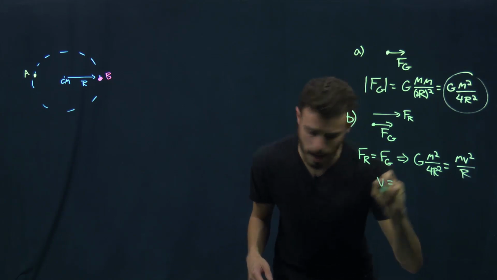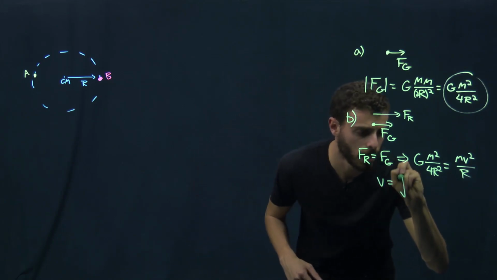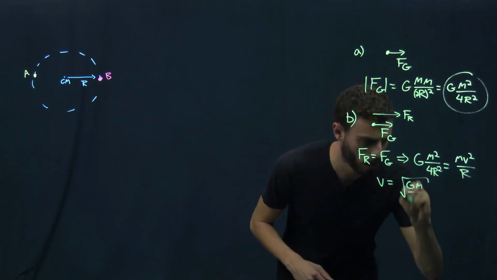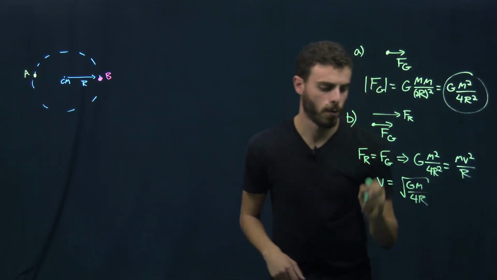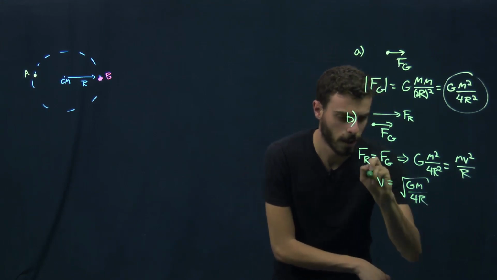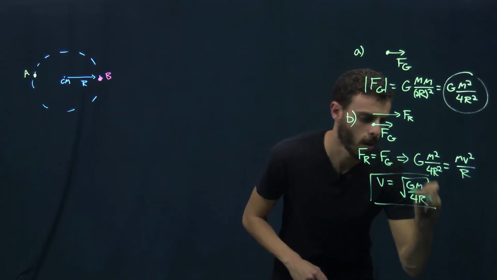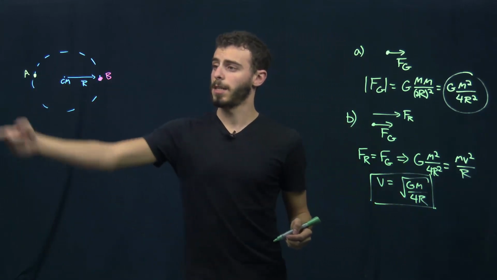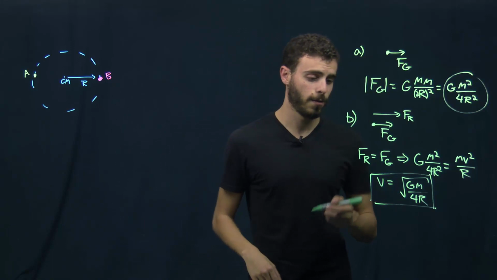What we should then get is that our velocity is the square root of GM all over 4r. I will now box this. So this is our velocity term. That's to say, the tangential velocity of each star is given by this.